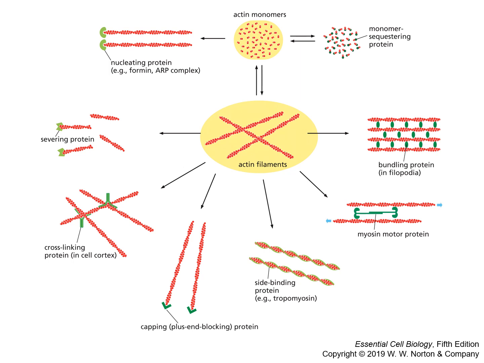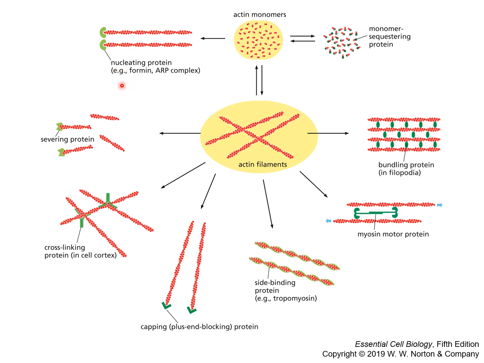In the first row here you can see actin monomers. Actin monomers are found in the cytosol. You have to remember these are globular actin monomers, and they have bound ATP. Sometimes cells can use monomer sequestering proteins that will prevent them from going into filaments.